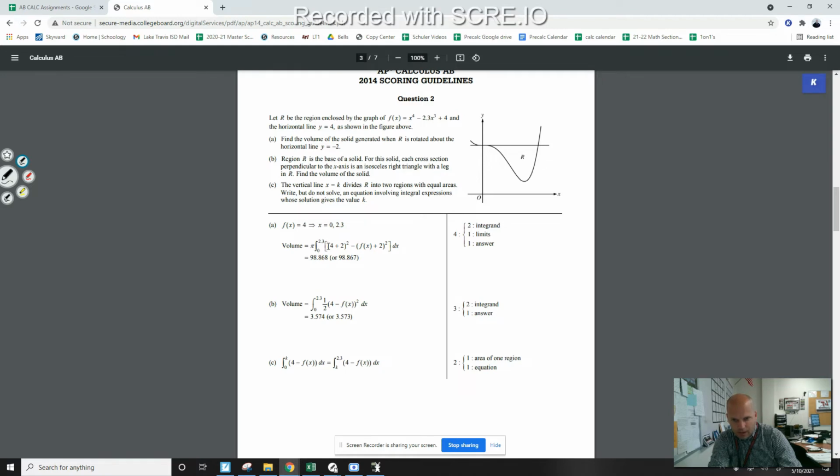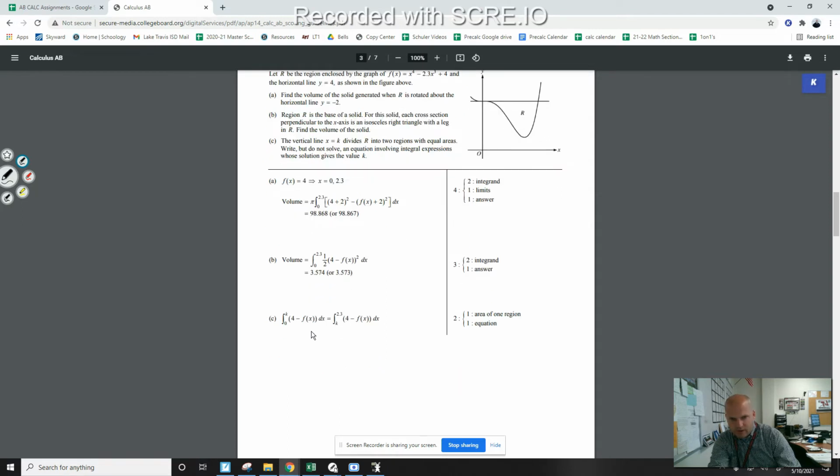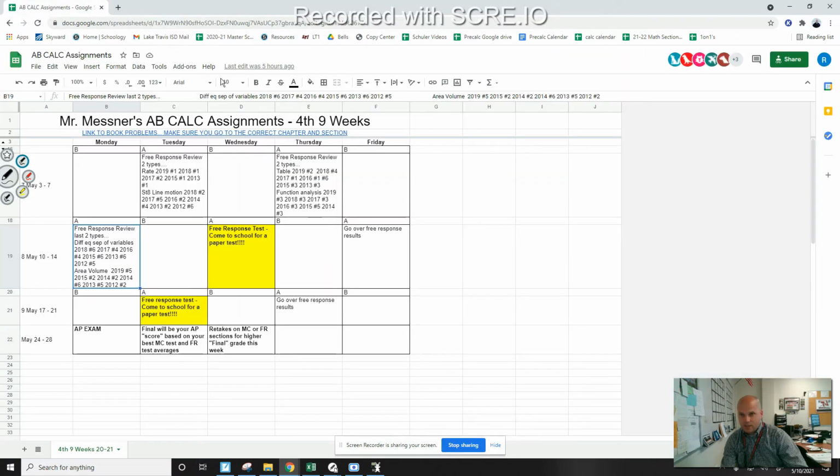The stuff like the pi, r squared is like kind of the points there. 1/2, 4 minus f of x squared, 3.5. Okay, 3 points. And then the final one, area of one region and equation. I mean, yeah, they did the 0 to k, k to 2.3. You could have done 0 to k is 1/2 of 0 to 2.3, you know. It's easy. If you guys see questions like this on the AP test, it's easy. Because the AP test seems like it's getting harder every year.